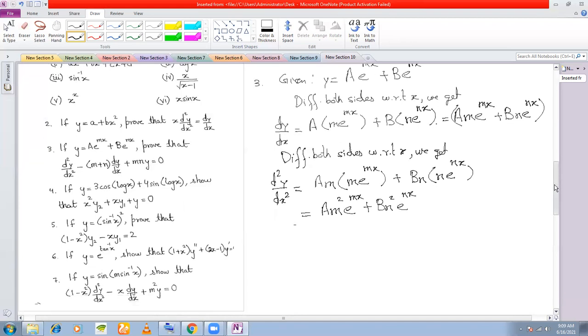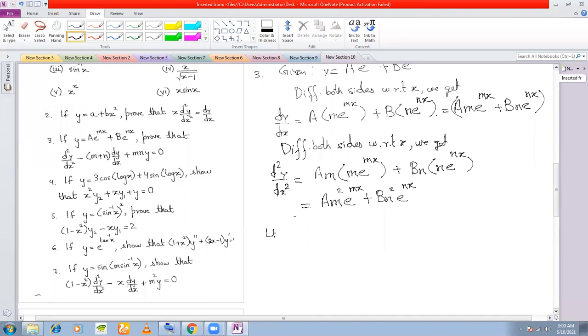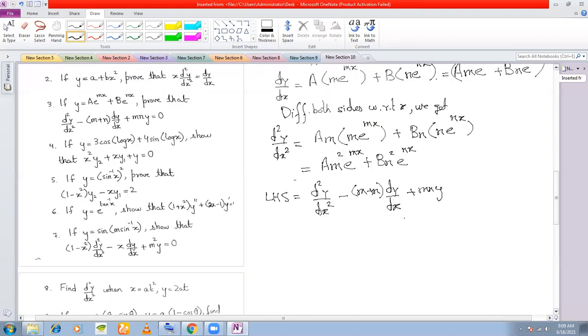Now you need to prove that d2y dx2, we start from the left hand side, minus m plus n dy dx plus mn y. We put the values. d2y dx2 is am square e to the power of mx plus bn square e to the power of nx minus m plus n dy dx.